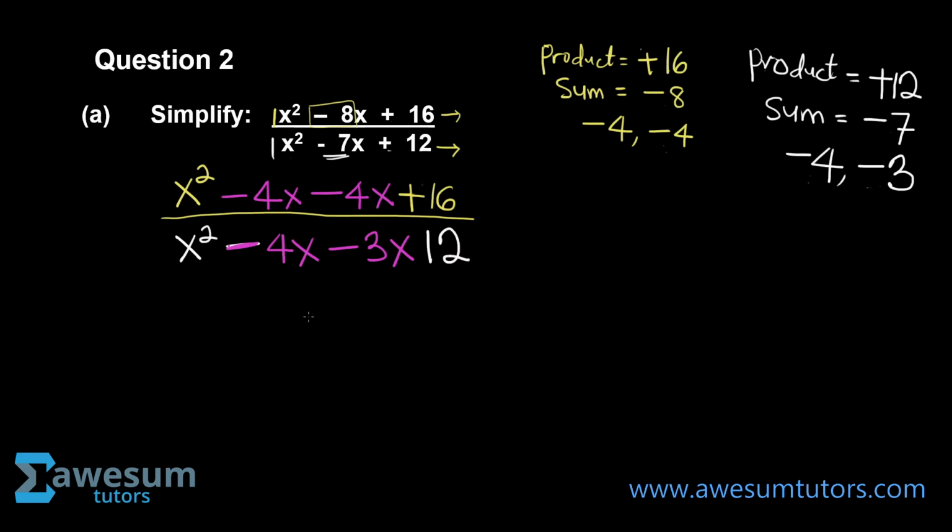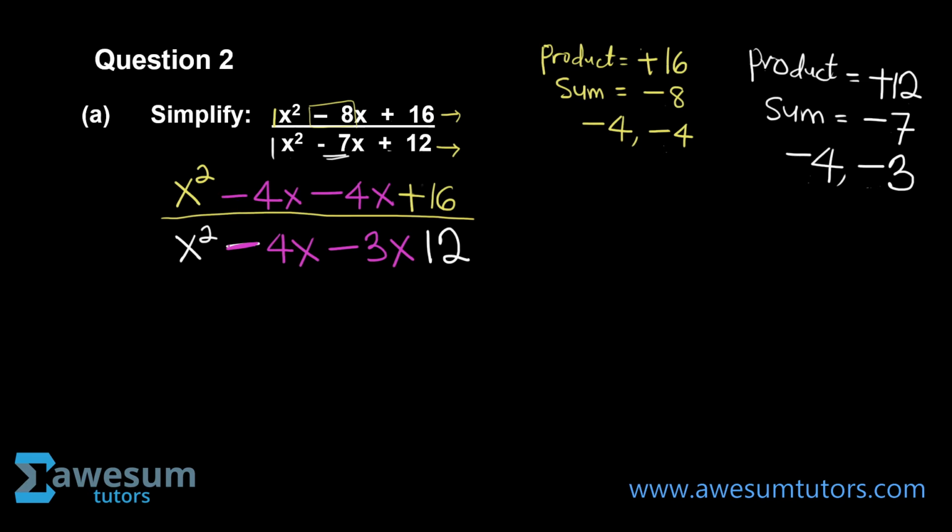Very good. So we've been able to find the two numbers that when you multiply give you 16 and when you add give you minus 8. For this one, when you multiply, they give you plus 12, and when you add, they give you minus 7.